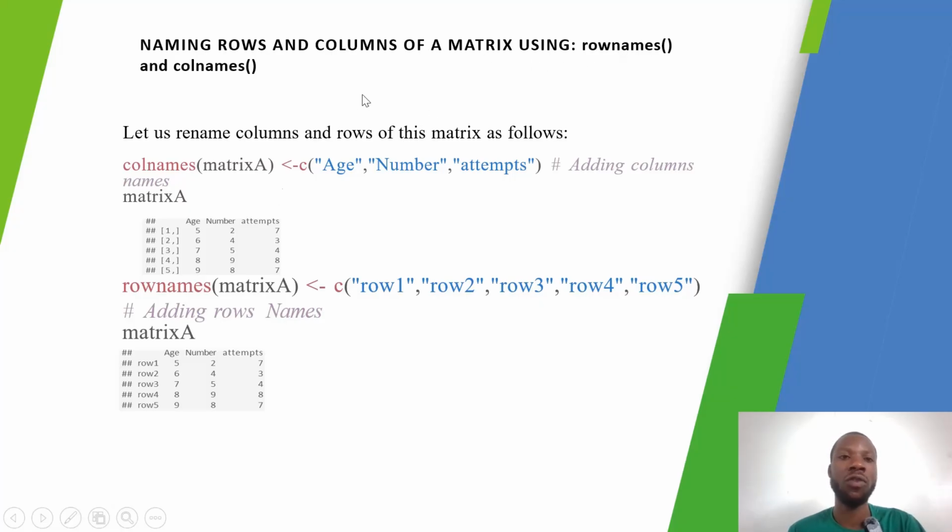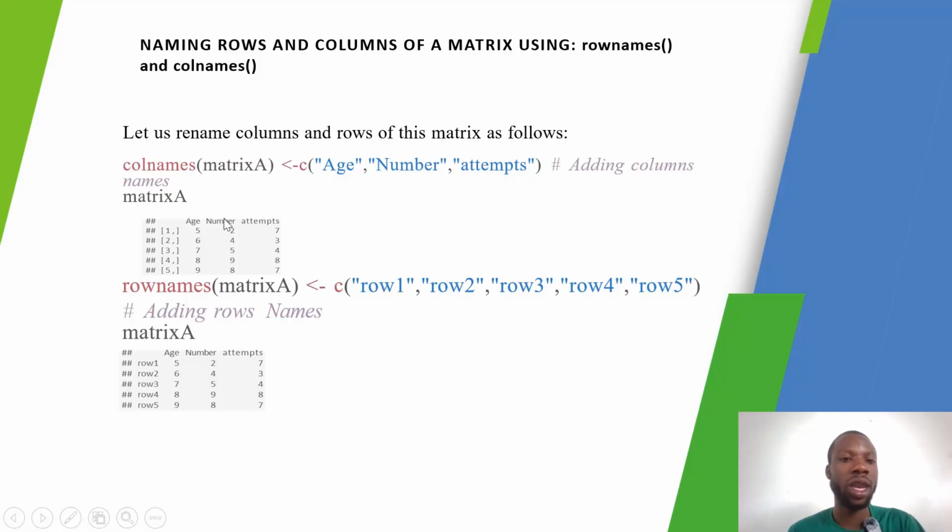Let's say, for example, you have a matrix which is not named, and you need to make it appropriate. Maybe I have numbers like 5, 6, 7, but I don't have labels like age, number, attempt.